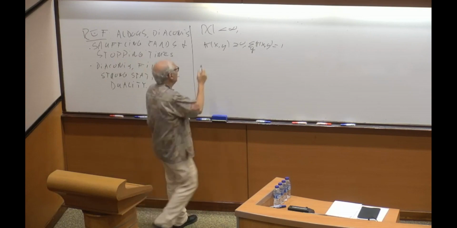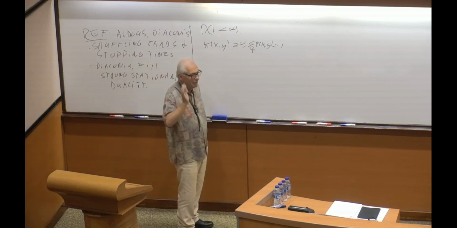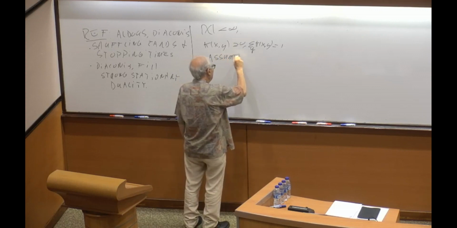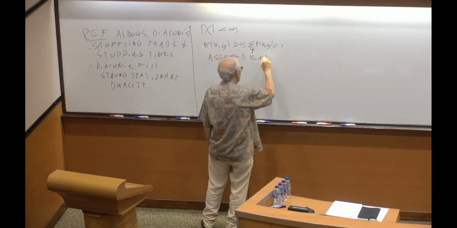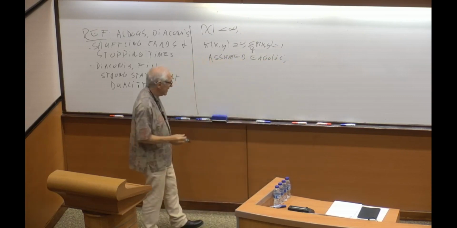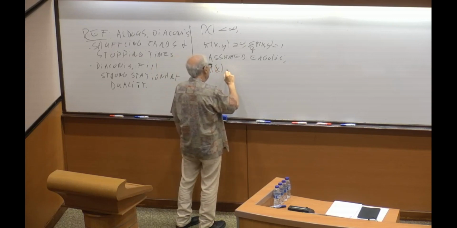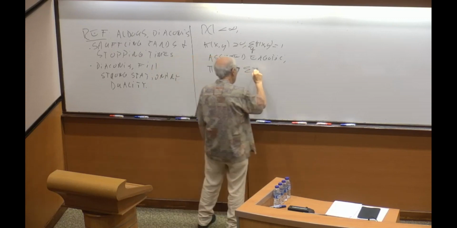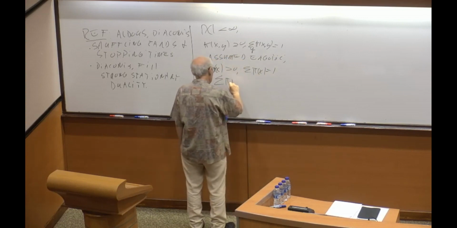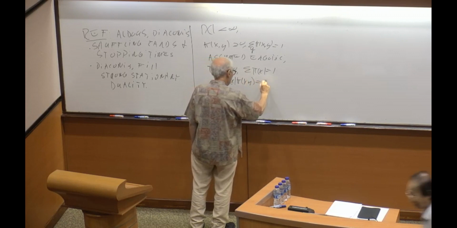I'll always assume that this is ergodic, that is, that the state space is connected and aperiodic. It has a stationary distribution. I'll use this notation throughout: pi(x) bigger than 0, summation of pi(x) equals 1, and of course the summation of pi(x) K(x,y) is equal to pi(y).